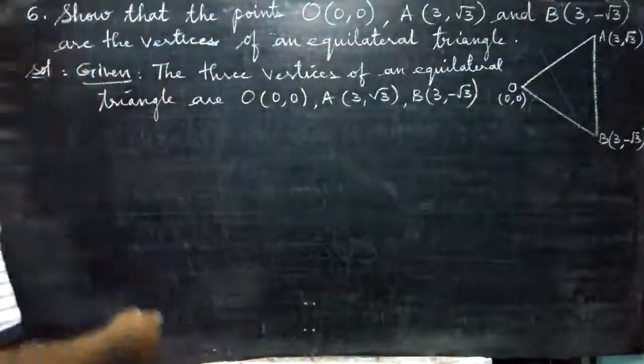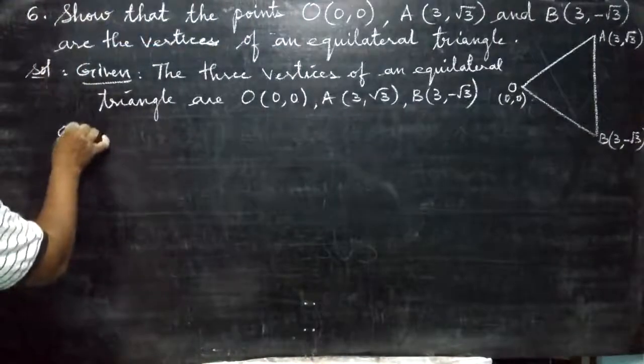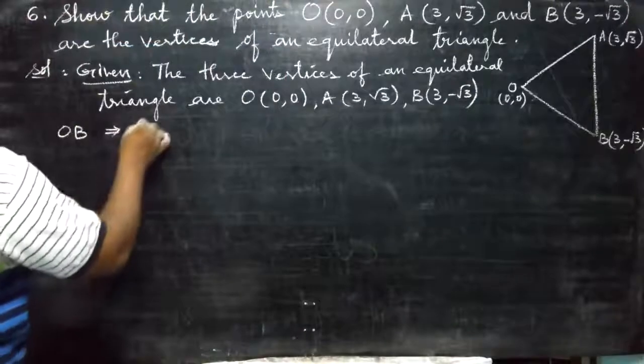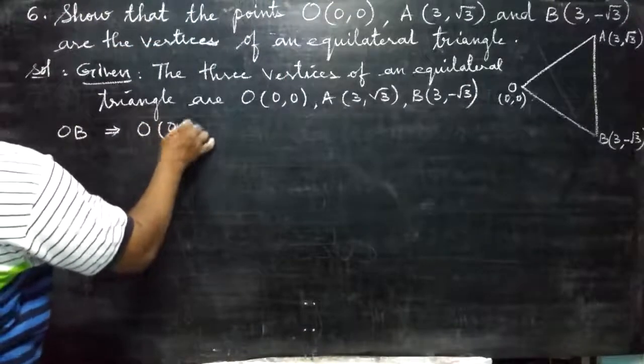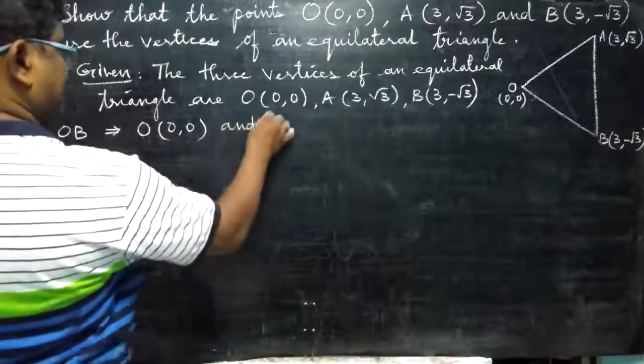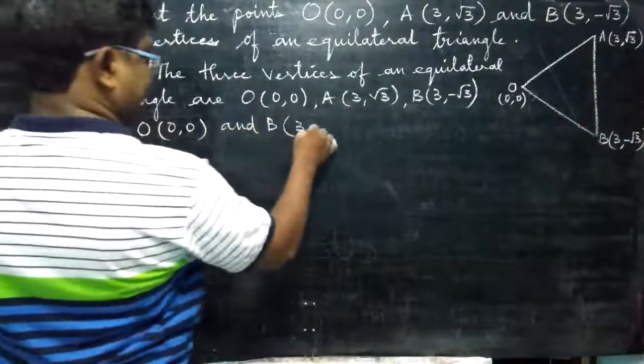Now take the first side OB. What is the meaning of OB? O is (0, 0), the origin, and B you are taking as (3, minus root 3).